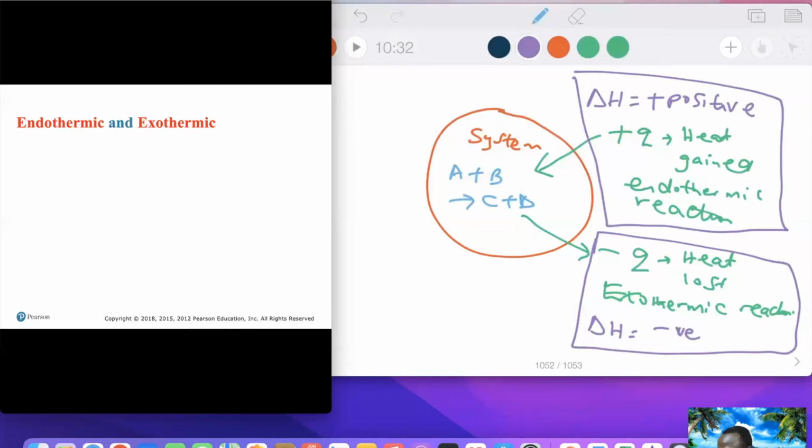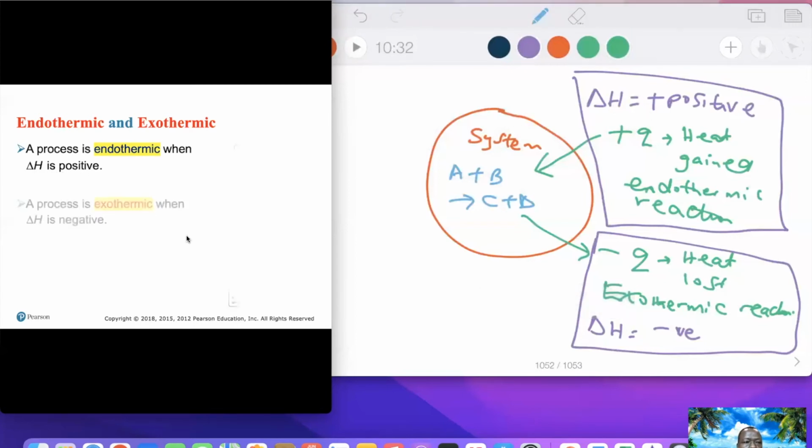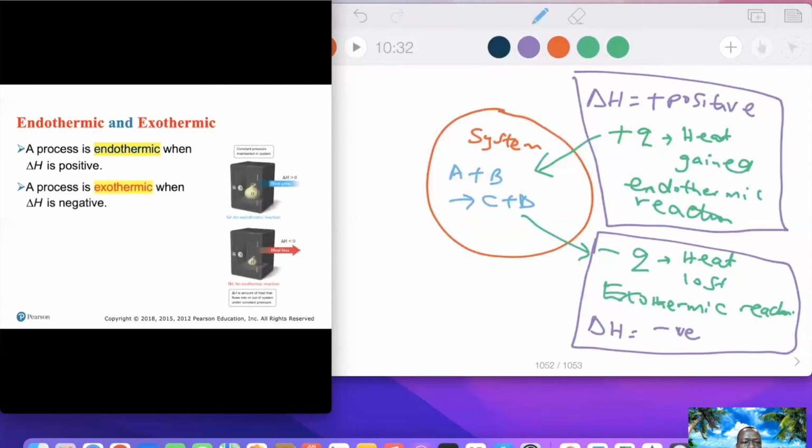A process is endothermic when delta H is positive, and exothermic when delta H is negative.